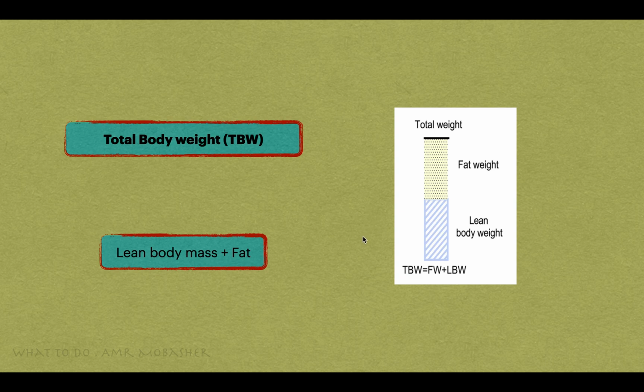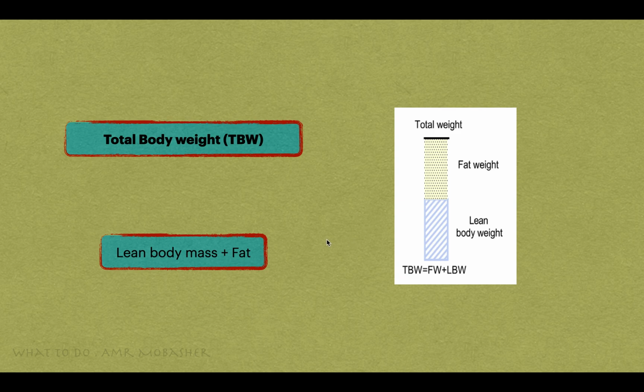So if I have a patient whose body weight is like 120 or 130 kilograms, it would be very serious if we do the drug dosing for this patient based on his actual or total body weight.